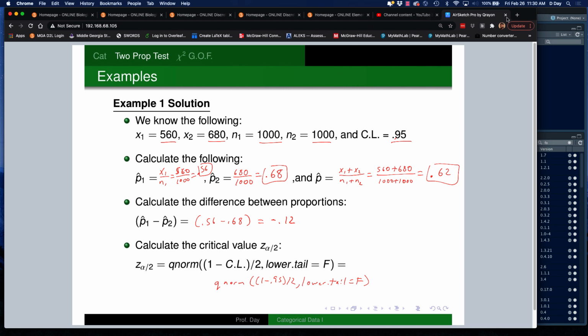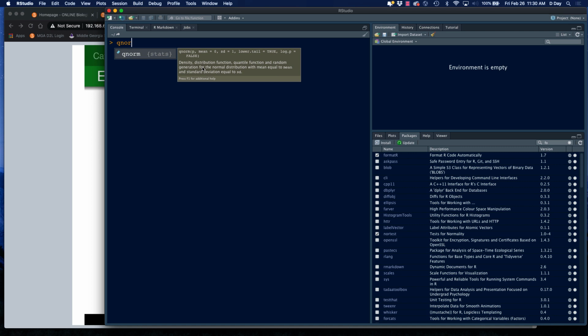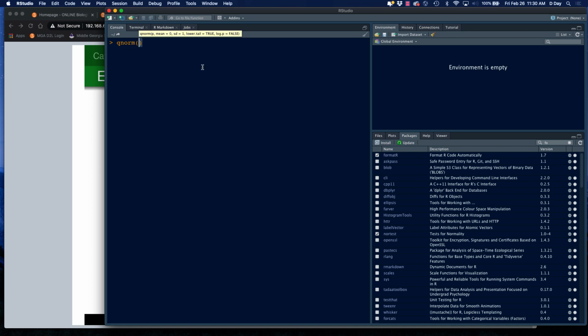If you don't do that, R will give you an incorrect critical value. So let's call the qnorm function first. Open a parenthesis, 1 minus 0.95, close that first set of parentheses, divided by 2, comma, lower.tail equals FALSE.